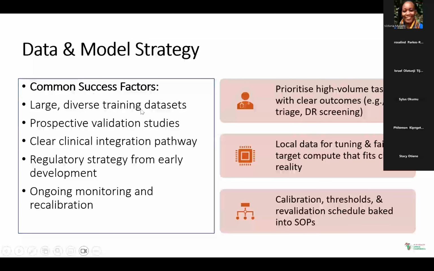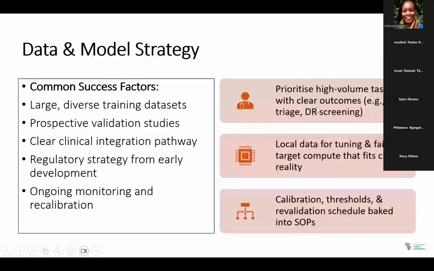Well, can you remember the size of the training data set for the prostate cancer? It was 1.2 million scans, right? These are large data training sets that people have done. They've done prospective validation studies, so they haven't just looked retrospectively. It's clear how they're going to be integrated in practice. They've got regulatory approval, and they do ongoing monitoring.